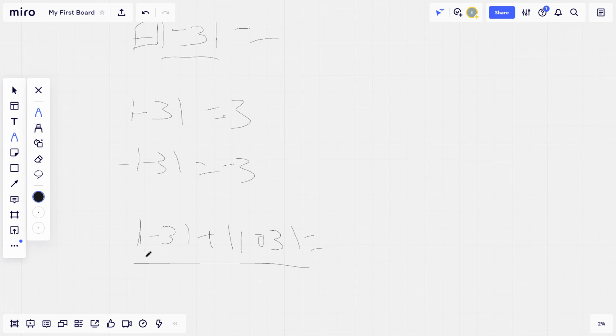Well, to do this, you're going to solve these first. The absolute value of -3 is 3, so you write 3 plus the absolute value of 103, which is 103. I'm going to add up 106.